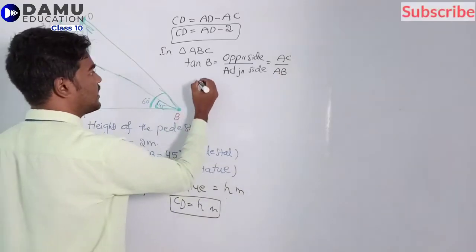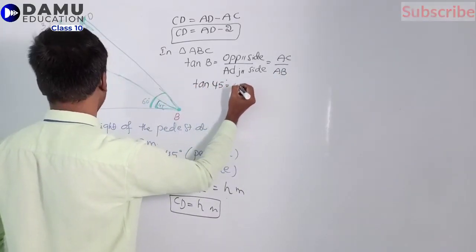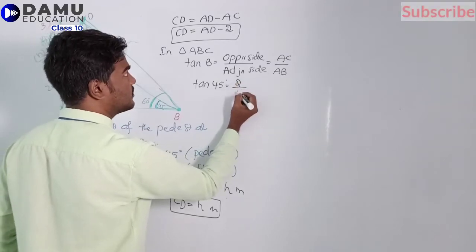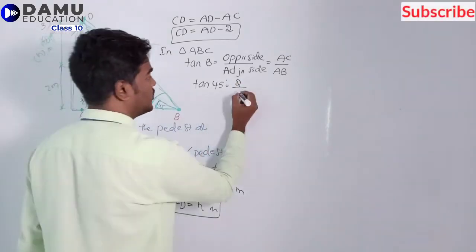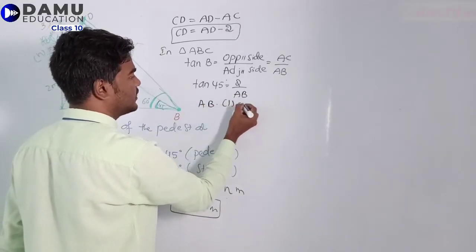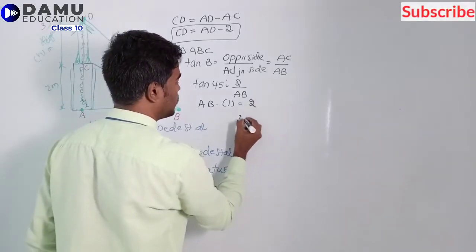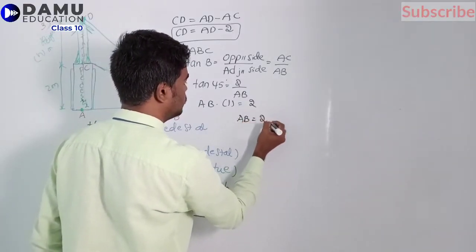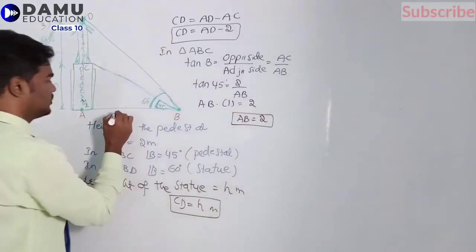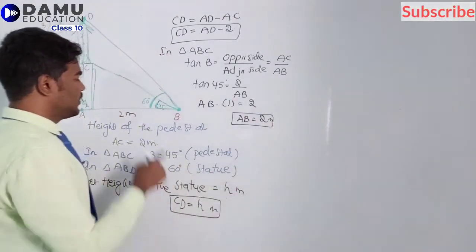So tan B means tan 45 degrees. AC is 2, AB we don't know. So AB into tan 45 degrees is equal to 2. Tan 45 we know is 1. So AB will be equal to 2 meters. So we got this one.